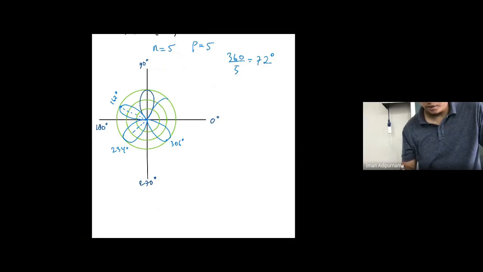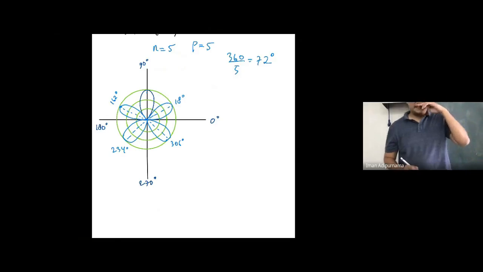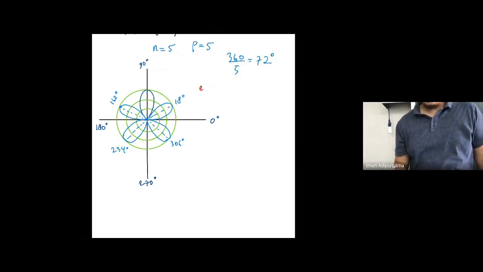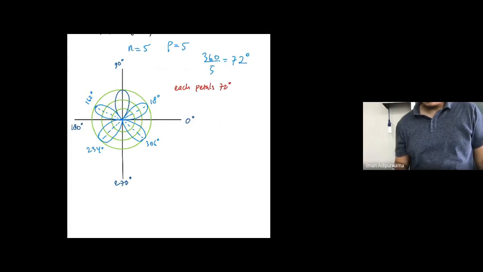And this should be 18 degrees. So each petal is 72 degrees apart.